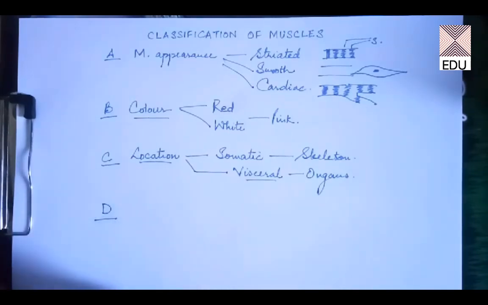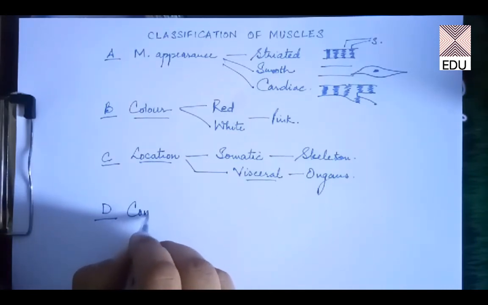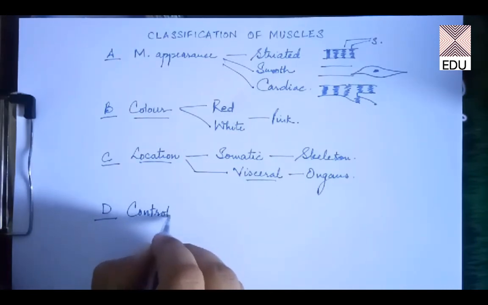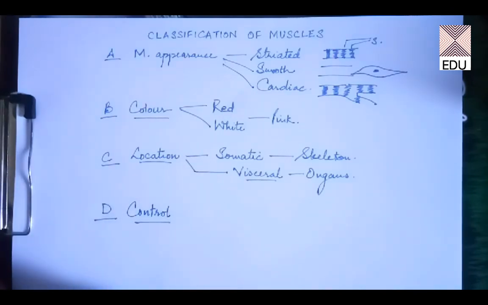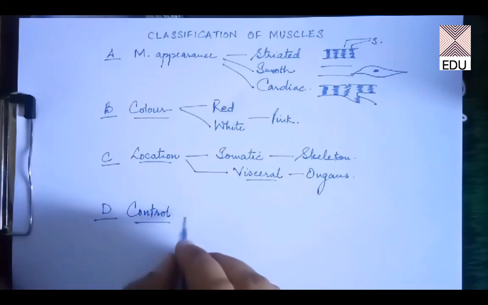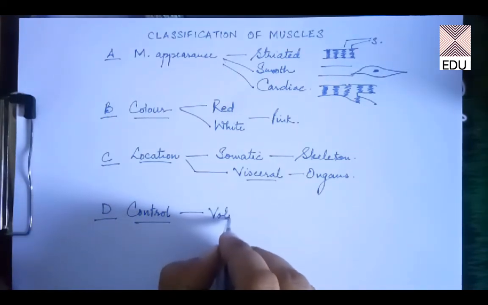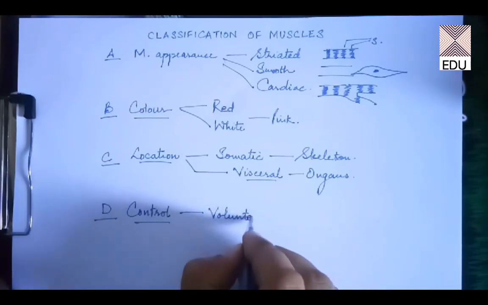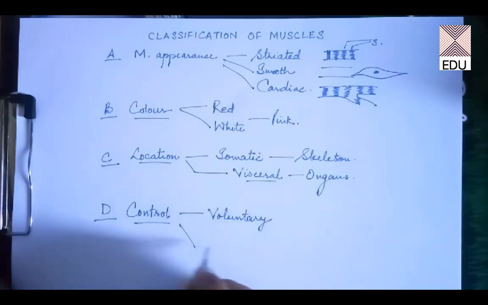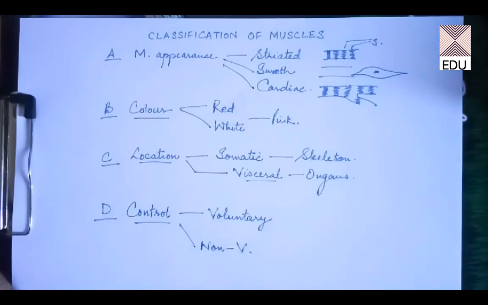If I take up the fourth criterion, it is on the basis of the control they have. We classify the muscles as voluntary and non-voluntary muscles.